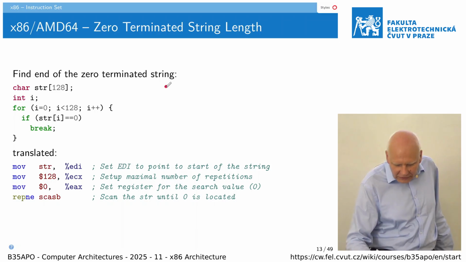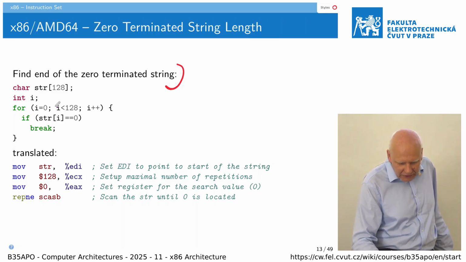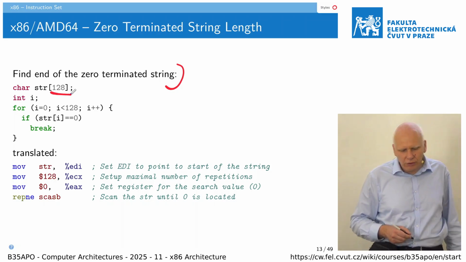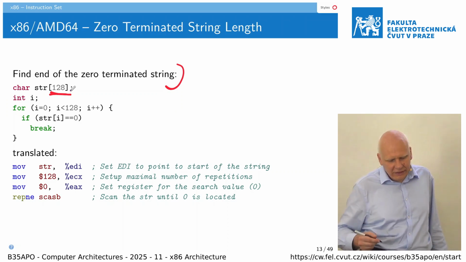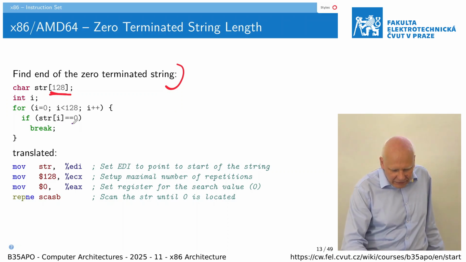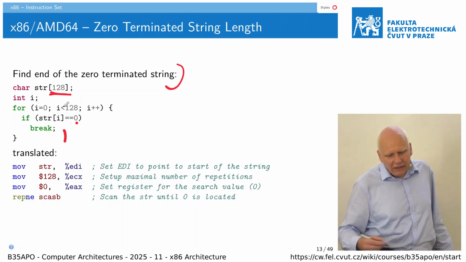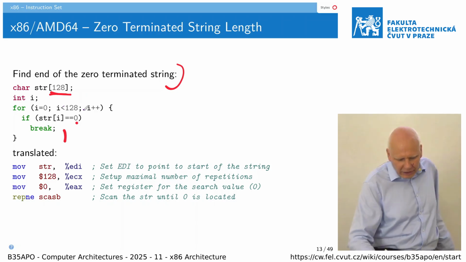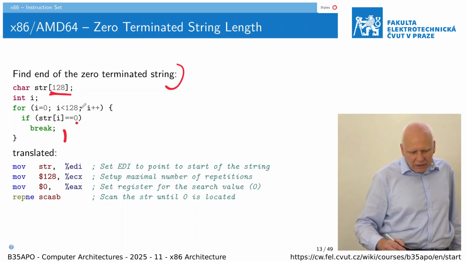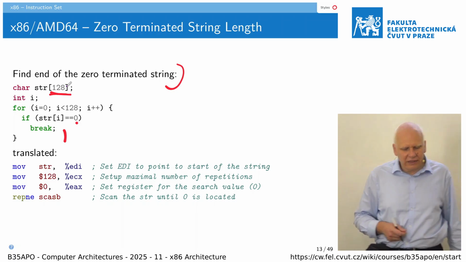If you want to find the end of a zero terminated string, then basically you start from some start. You can have some limit, because you know that the string, for example, cannot be longer than 128 bytes. And when you find the end, you break. In this case, i informs how many bytes the string is shorter than 128 bytes.